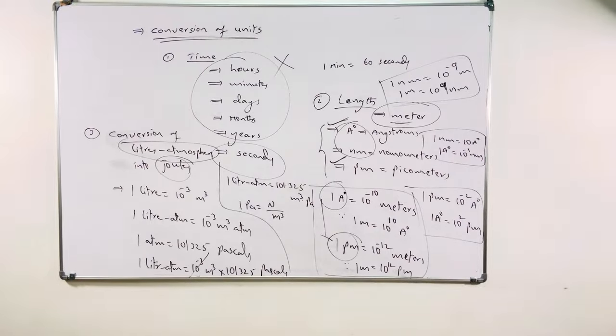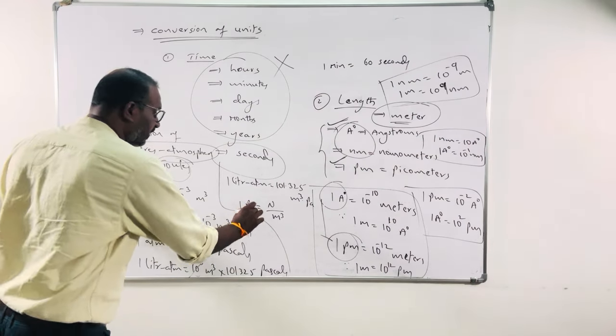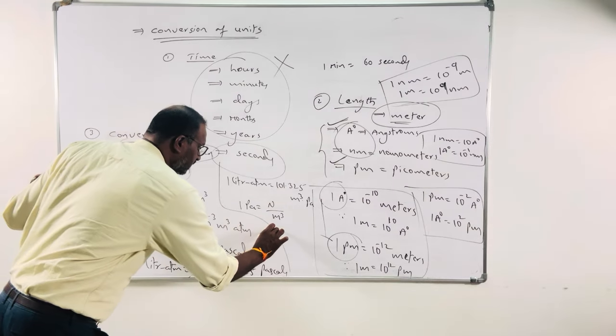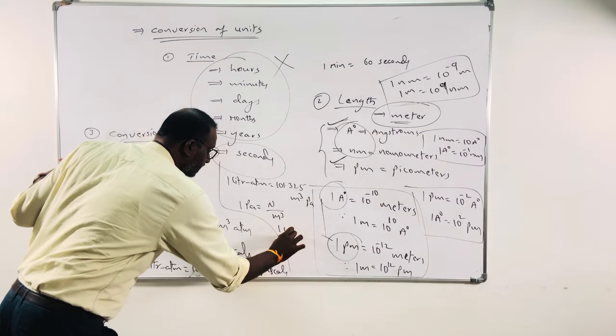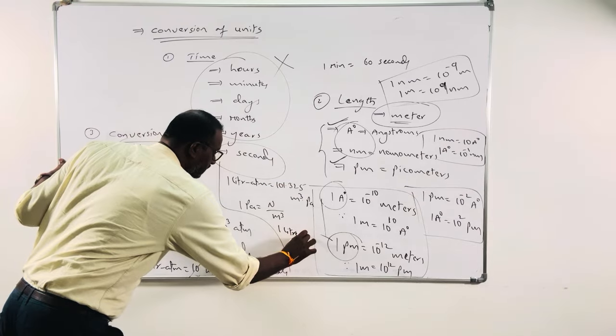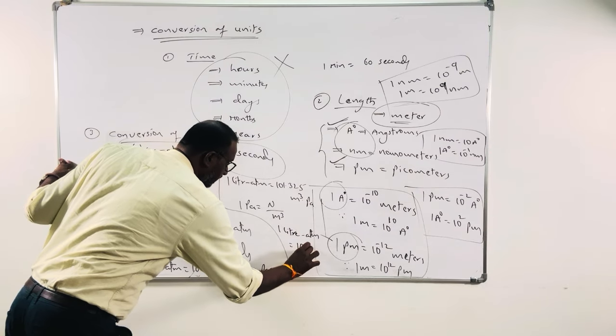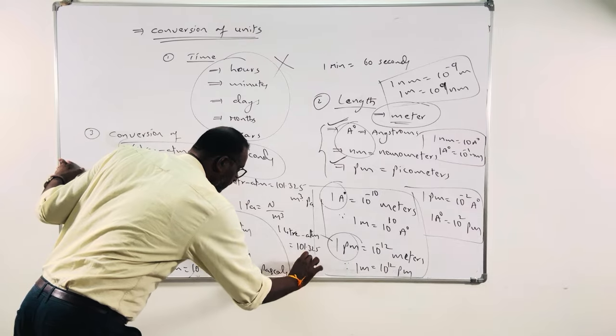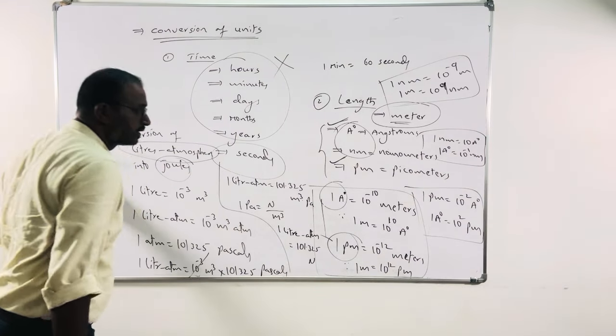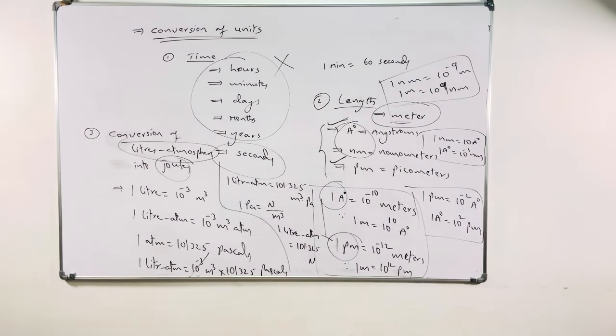So then, if I divide that one with that, 1 liter atmosphere equals 101.325 newtons per meter square times meter cube; the meter square will be cancelled out.